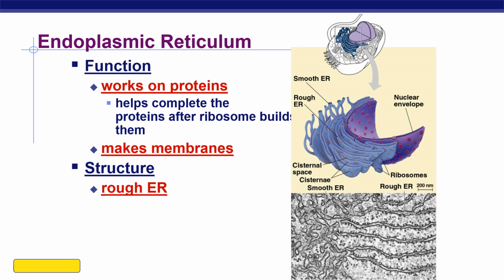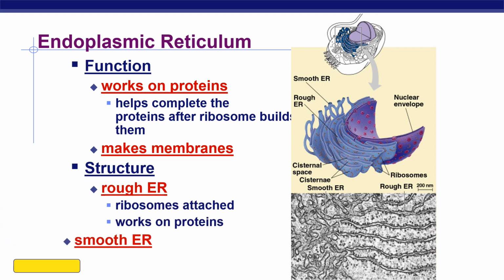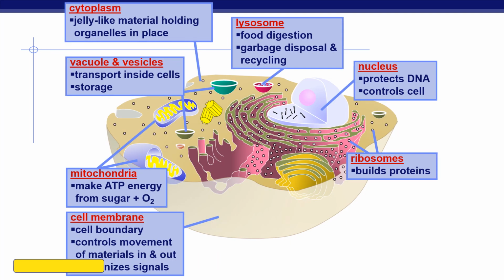So, there are two kinds of endoplasmic reticulum. We have the rough ER and the smooth ER. Now, what is the difference between the rough ER and the smooth ER? The rough ER is when ribosomes are attached, and it works on proteins, and when we say smooth ER, there are no ribosomes, but it makes membranes.